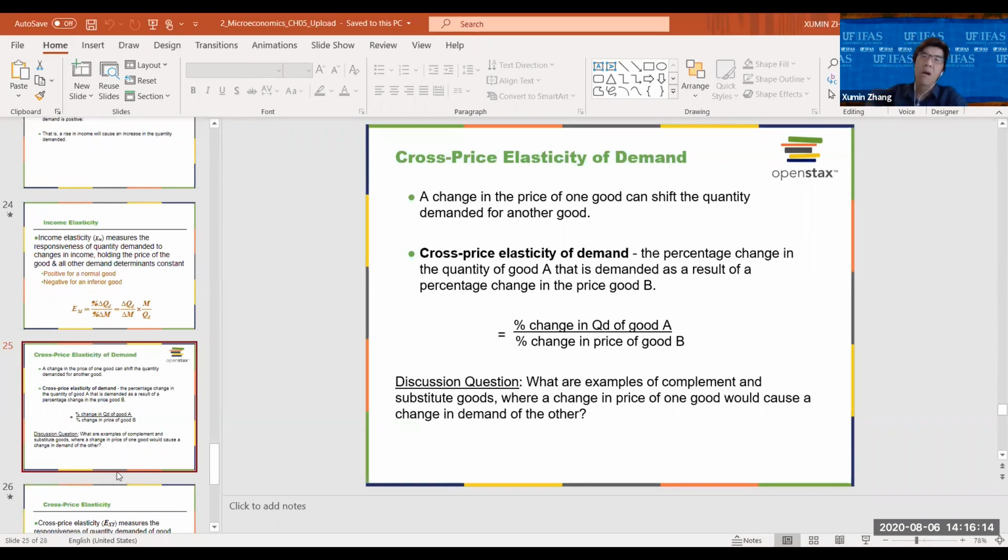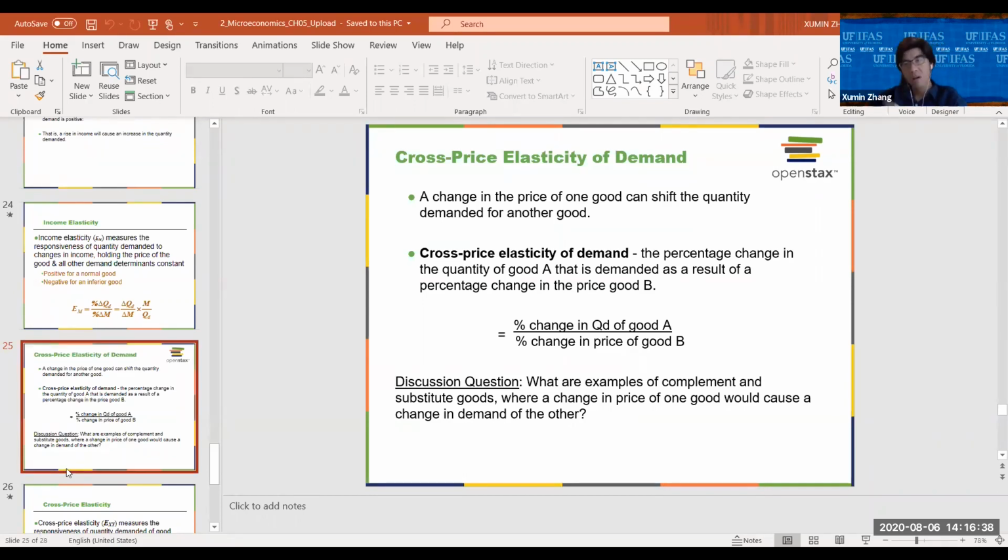Because the price of good B increases, we reduce the consumption of good B, right? And because good A is the substitute, we switch to good A. So that's why the increased price of good B caused an increase in quantity demanded for good A.